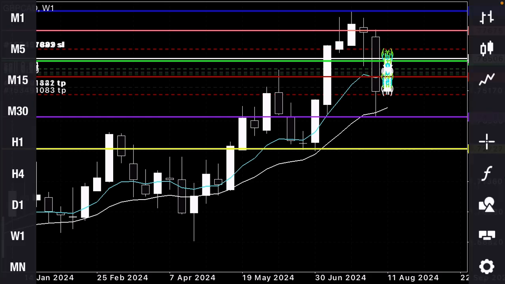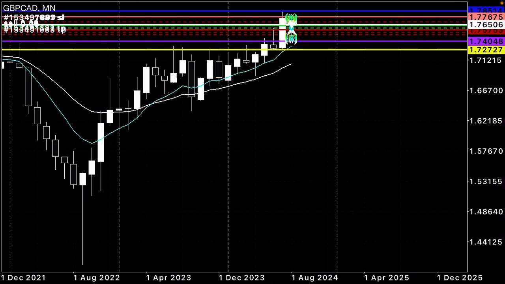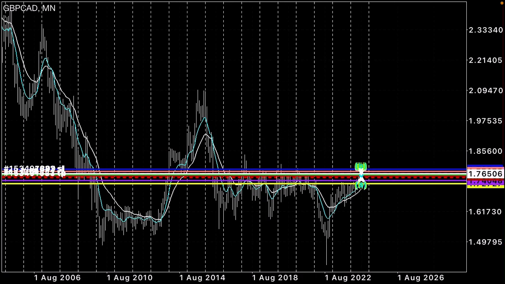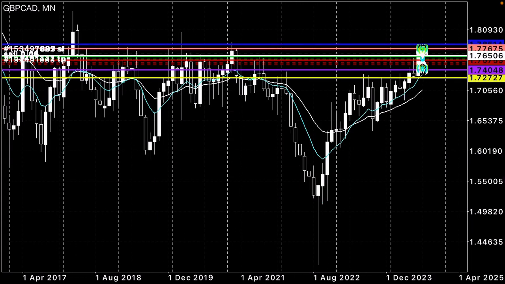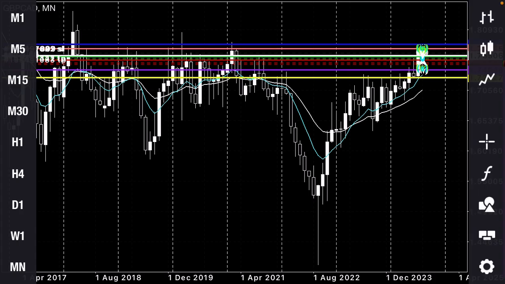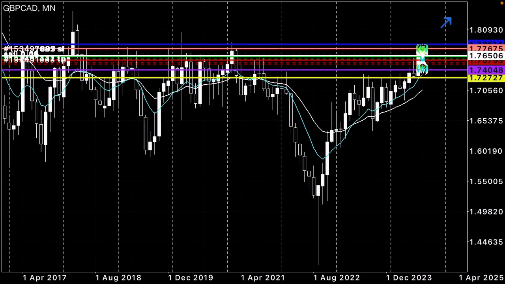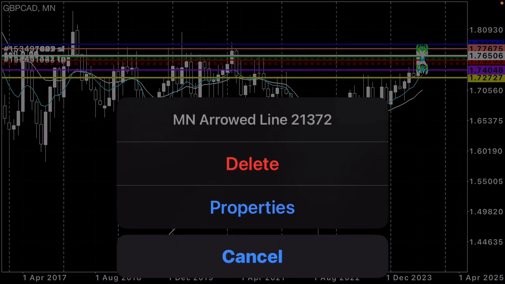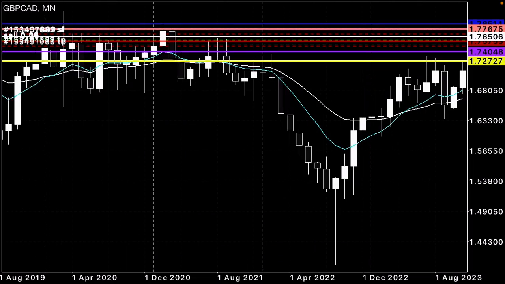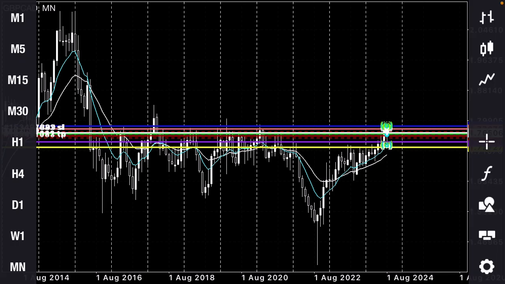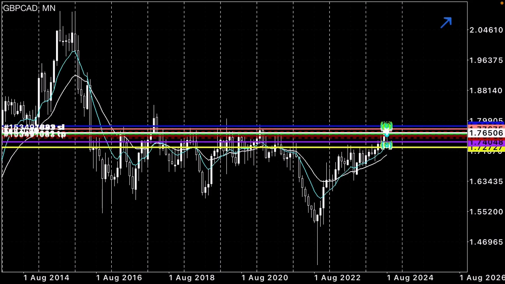And then looking at it from a monthly perspective, here's the big picture on the monthly. Here's the false break right here, and then head and shoulders, and it looks like it wants to start heading up and break it on the monthly, because it's hit this monthly support line right here.